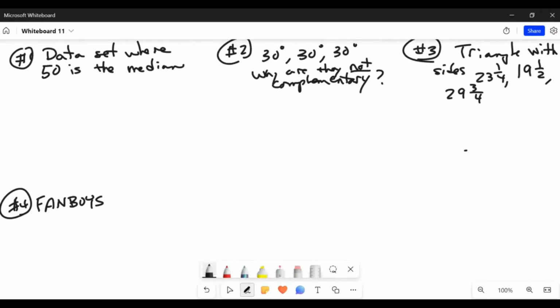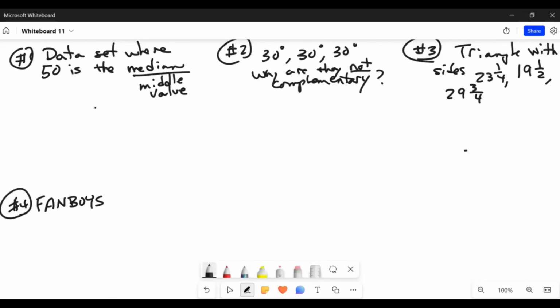All right, on number one, when it asked for a data set where 50 was the median, median means middle, the middle value. So you have to put the numbers in order from smallest to largest and see which number is in the middle.